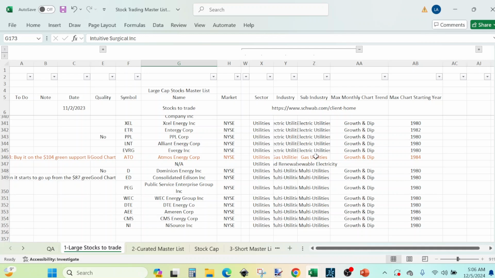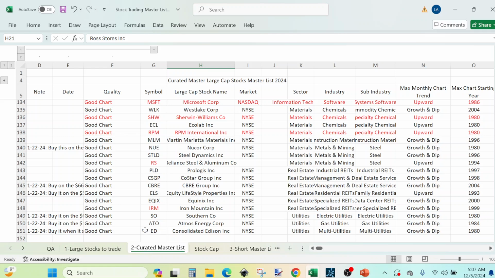And I put them through my filters here, but because I didn't really want to deal with growth and deep types of stocks, I tried to filter some good ones and some good growth or deep that I like. I didn't eliminate all of them, but clearly I cut the numbers by half or so, but still it's too many for me to do the chart analysis on a daily basis.